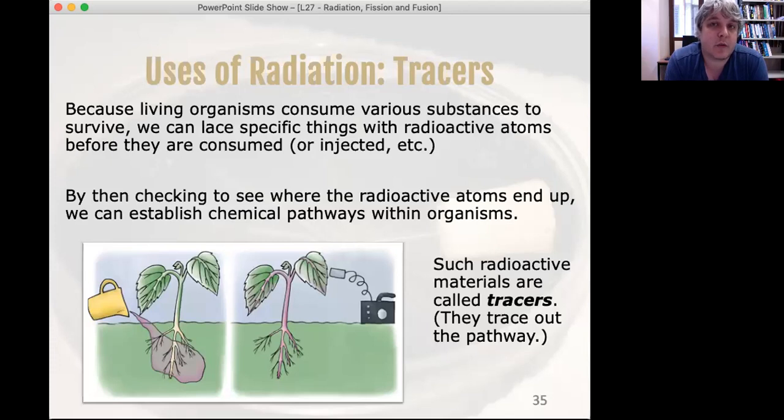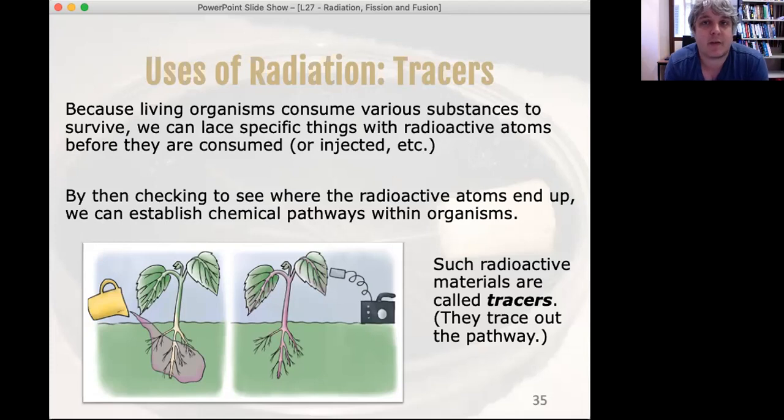As the plant absorbs the water through the roots, up through the stem and out to the leaves and everything, we can use radiation detectors to watch where the radiation is occurring. And that shows us where the radioactive particles are going and traces out the pathway of that water being absorbed by the plant. For that reason, these materials are called tracers, because we give them to biological organisms in order to trace out pathways.